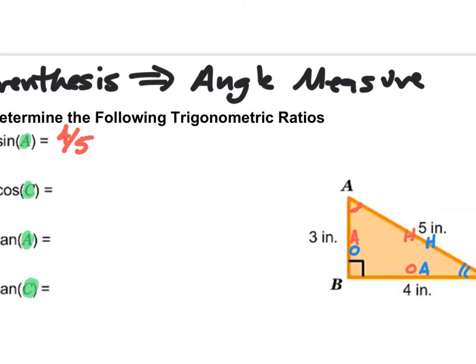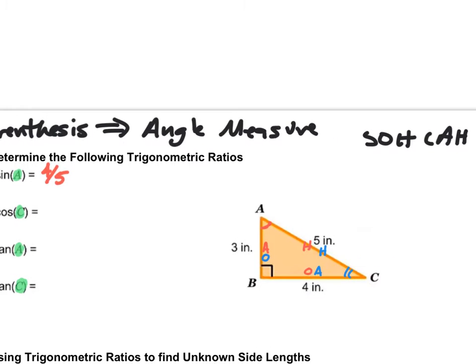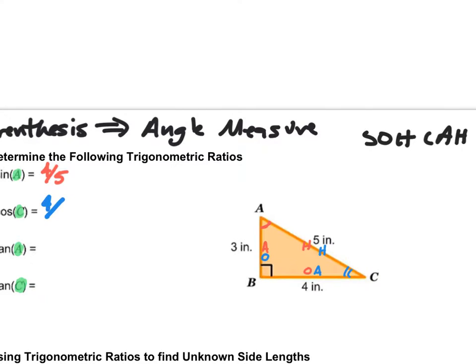Let's take a look at cosine of C. So we're going to change angles. Look at angle C. That means for cosine, we're going to use the adjacent side divided by the hypotenuse. So cosine of C is the adjacent side, which is 4, divided by the hypotenuse, which is 5.